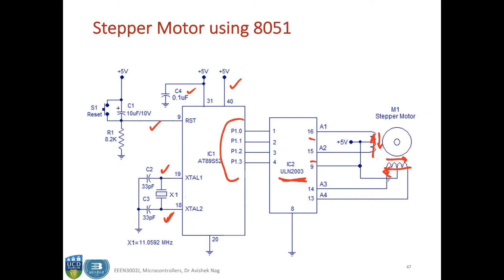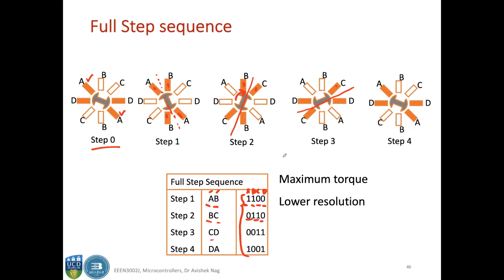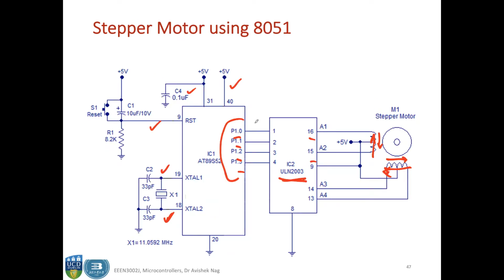Therefore you can see that by placing some binary combinations in these 4 pins of port 1, you can rotate this stepper motor through different steps, precisely along these steps. So if you have 1 1 0 0, let's say, in these 4 pins, then you can have a certain orientation of the rotor, and so on.